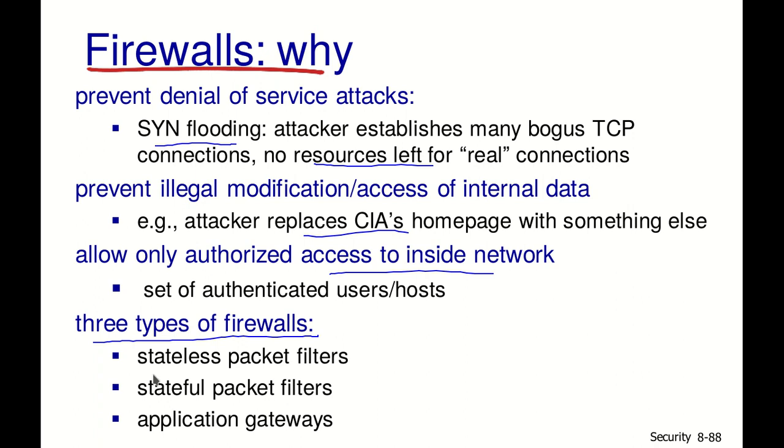First, the very basic one is stateless packet filtering, and then we can also add stateful packet filtering, where we add more correlation between different packets. And then there's also application gateways, or in practice we may be familiar with the term proxy.